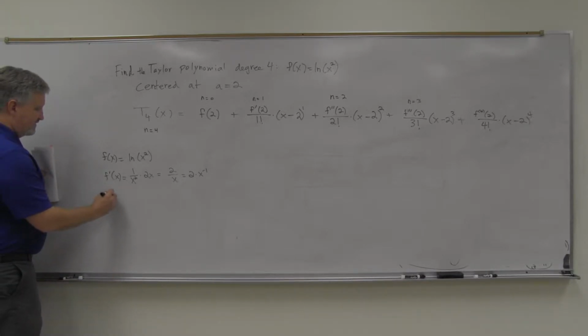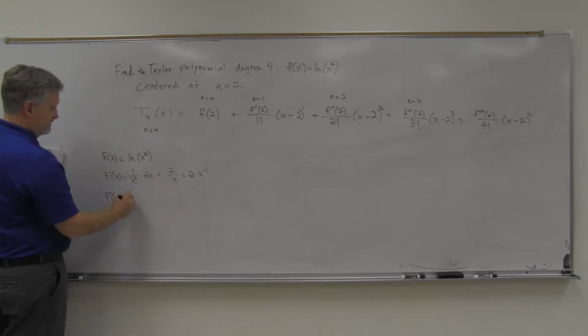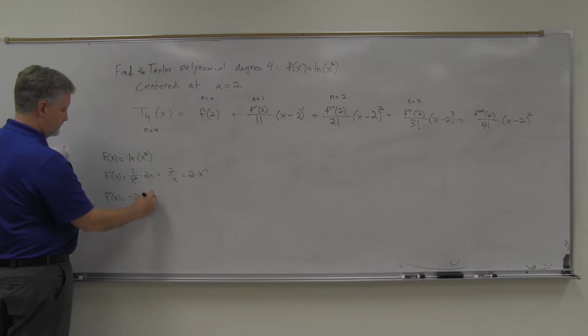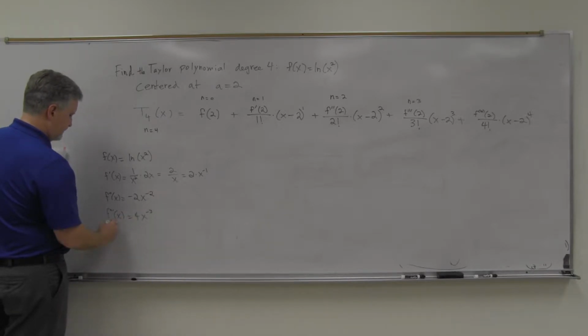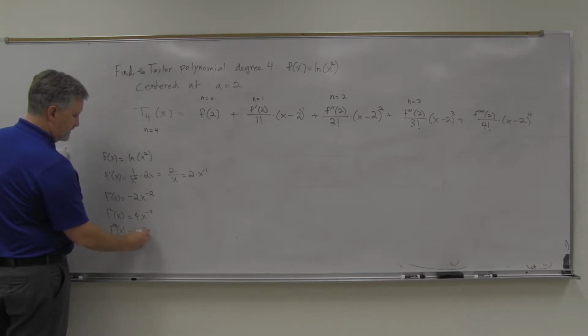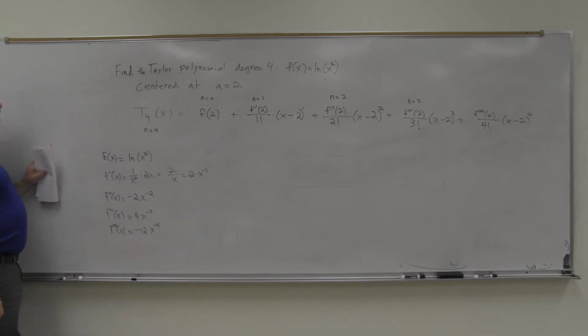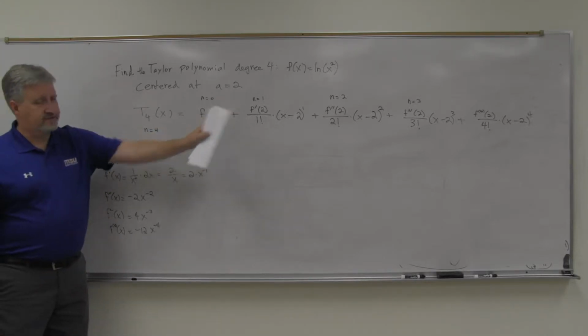So then the second derivative at x would be negative 2 x to the minus 2. And then the third derivative at x is 4 x to the minus 3. And then the fourth derivative at x is negative 12 x to the minus 4. So now I want to do each of those at 2.